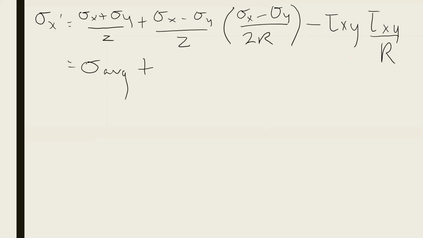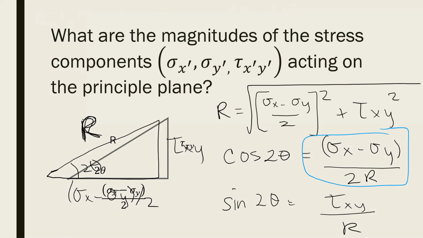Plus, look really closely at what's left. I have sigma x minus sigma y over 2 quantity squared minus a tau xy squared, and that whole thing is over R. If we flip back, did I say minus?